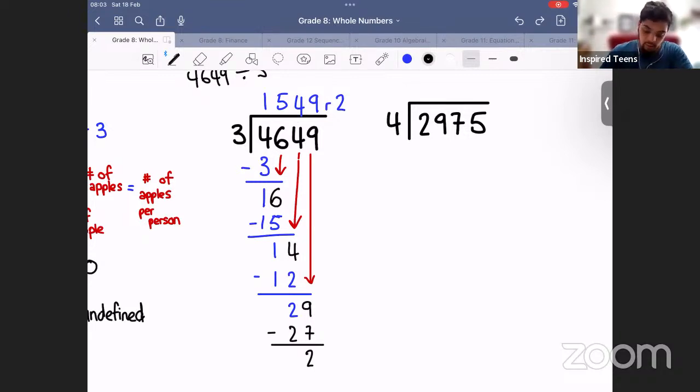We subtract and get 2. Again, 3 cannot go into 2, so we bring down the 9. It becomes 29. How many times does 3 go into 29? 9 times. 9 times 3 is 27, with a remainder of 2. We don't have any numbers to bring down anymore, so we add that as a remainder. So that was just revision of long division from last week.